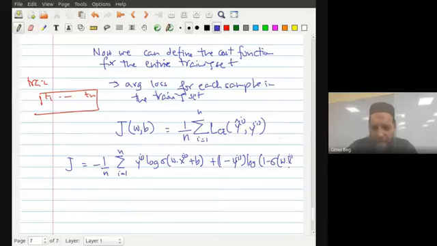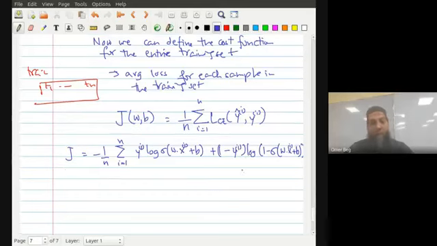These are the features of the ith sample in the training set. So this is what we have at the end, and this is the j that we would eventually want to minimize.